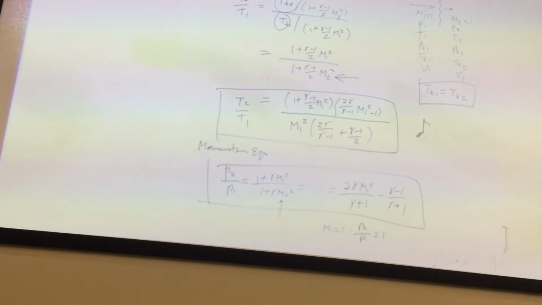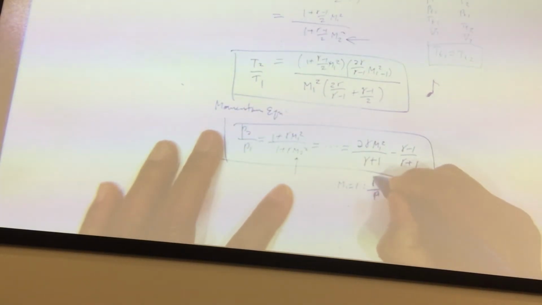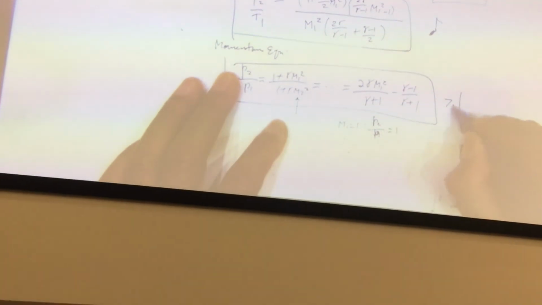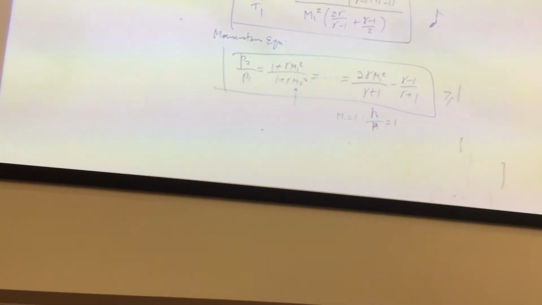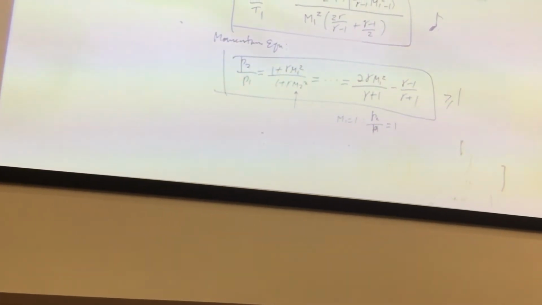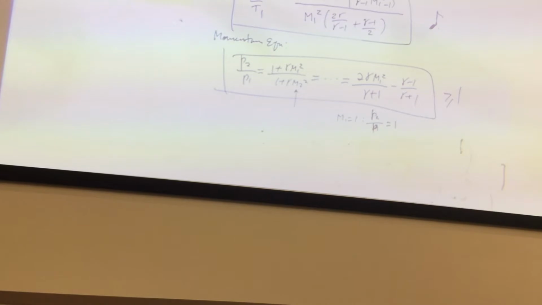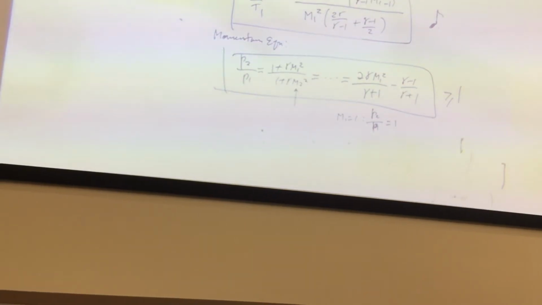Yes? So is that P or rho? P. We are talking about pressure. Greater than or equal to 1. But if M1 is equal to 1, M2 is equal to 1, there is no shock wave. Some shock waves are very weak. Like M1 equal to 1.01, then your M2 will be like 0.999.